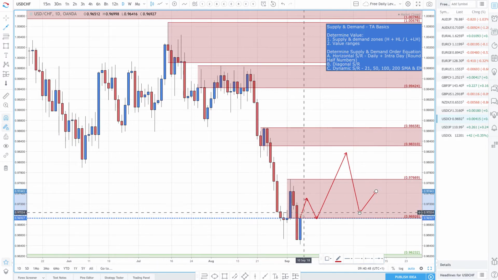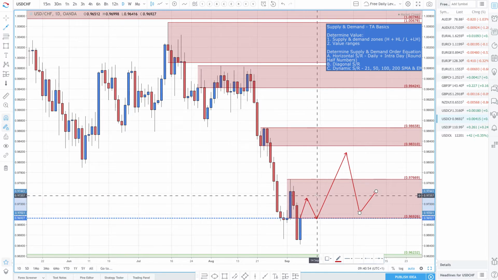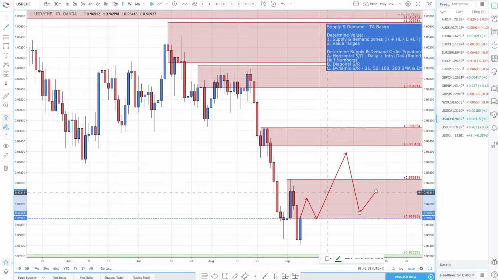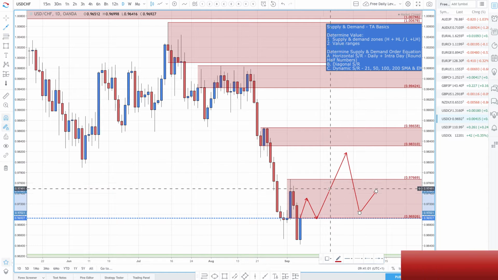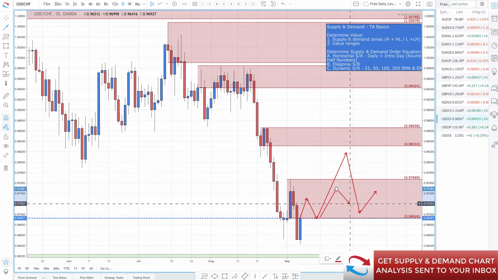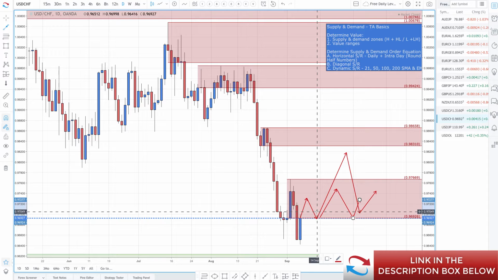You don't necessarily have to pick the absolute lows. You can just wait for a potential pullback after prices make higher highs and higher lows, and then wait for a higher low to be created. It doesn't even have to go this high. It could just go somewhere like here, as long as a higher high is made, and then look for the higher low to try and get in long.